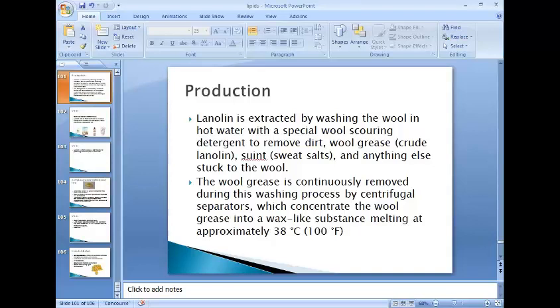The wool grease is continuously removed during this washing process by centrifugal separators, which concentrate the wool grease into wax-like substances with a narrow-range melting point. It may be from 30 to 38 degrees centigrade.